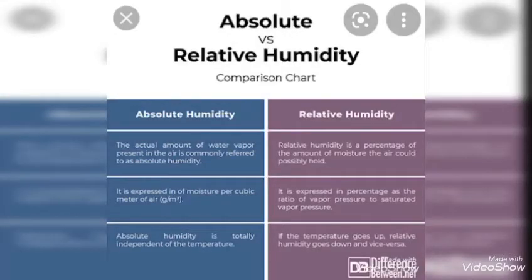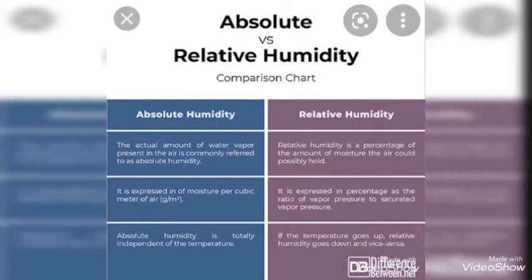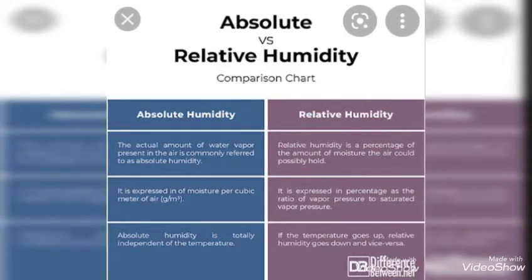The actual amount of water vapor present in the air is called absolute humidity. Then what about relative humidity? It is the percentage of the amount of moisture the air could possibly hold. This is called relative humidity.